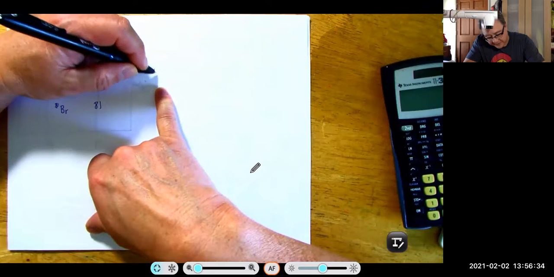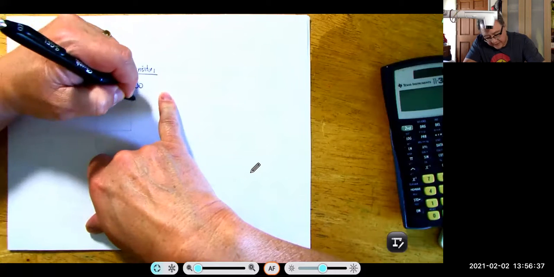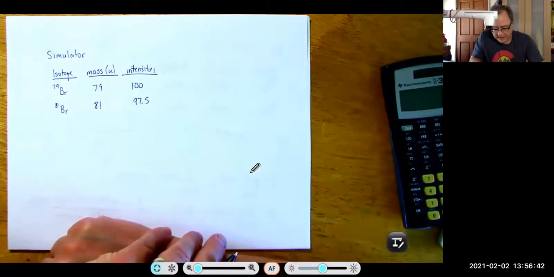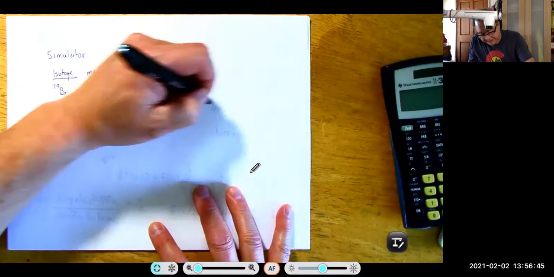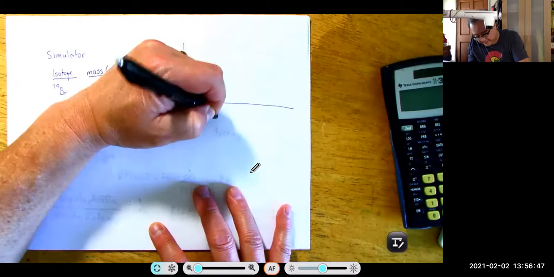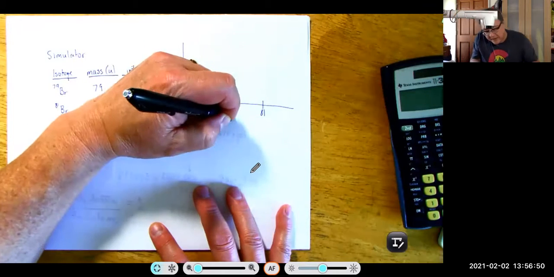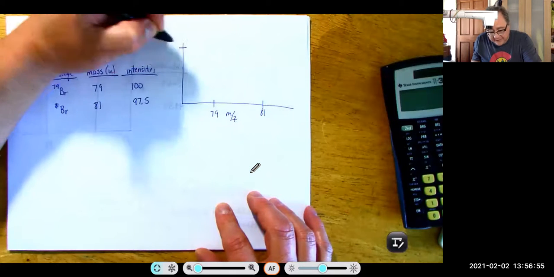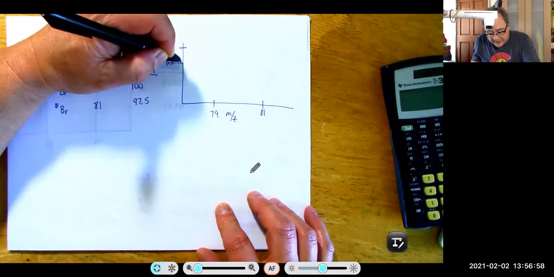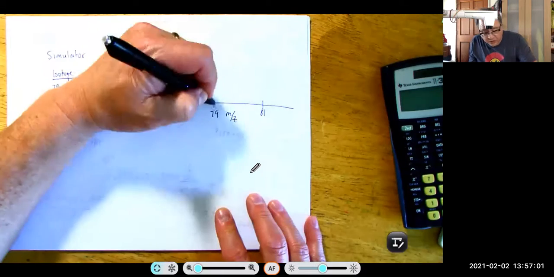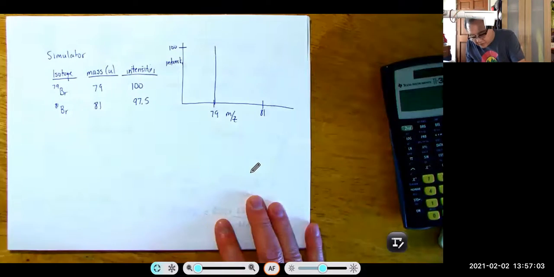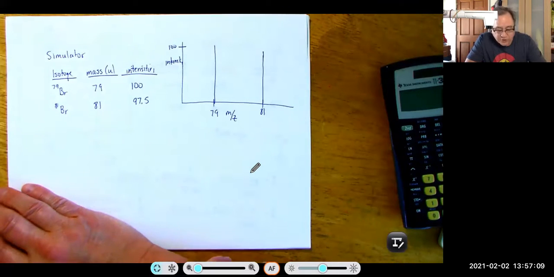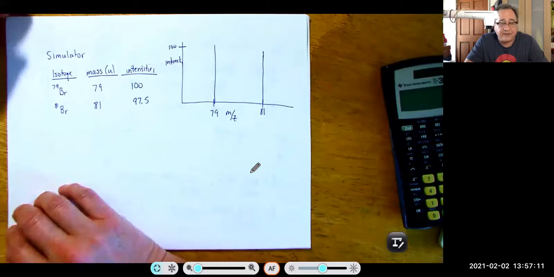You may not recall this, but they are 97.5 for 81 and 100 for 79. And the plot looks like this. They don't use M over Z, they use M over E, but it really means the same thing. This is intensity, and this is 100, and the 79 goes all the way to 100, and the 81 almost goes to 100. So that's what you're asked to draw from the simulator.